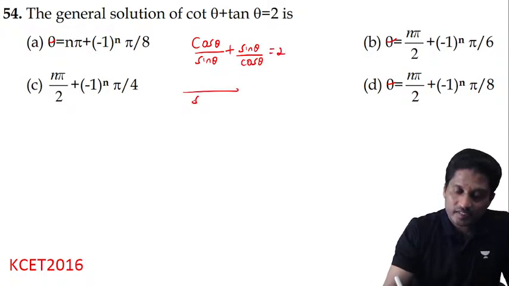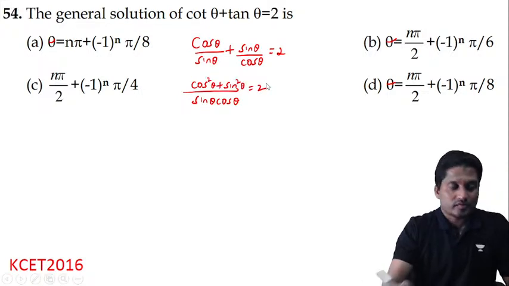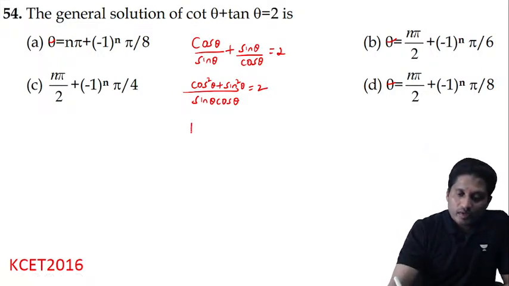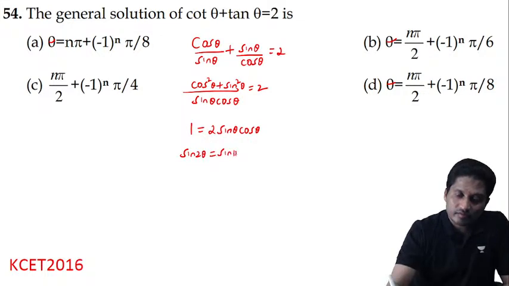LCM is sin theta cos theta, right? If you cross multiply, you get cos square plus sin square equal to 2 sin theta cos theta. Cos square plus sin square is 1. 2 sin theta cos theta is sin 2 theta. 1 can be written as sin pi by 2.